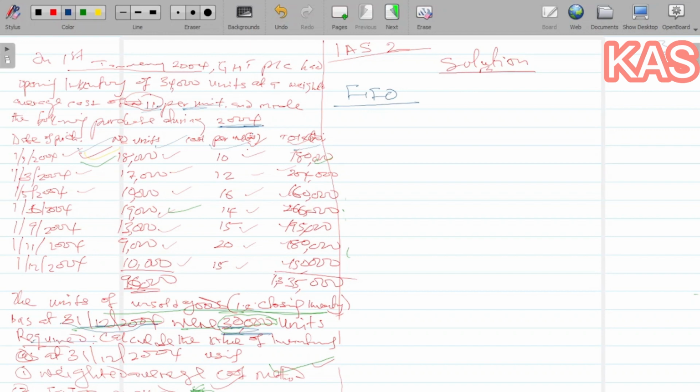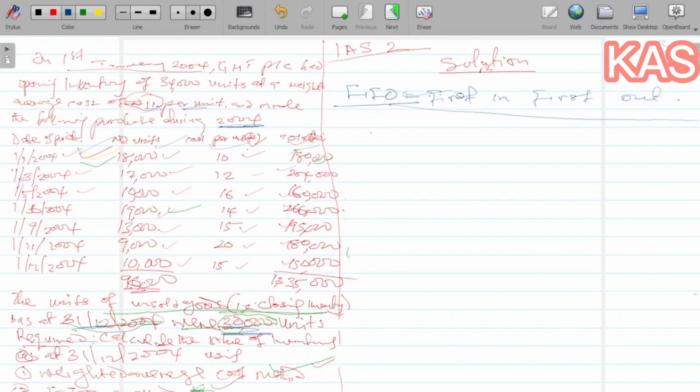Now we are going to look at the second part, which asks us to calculate the closing inventory using FIFO. FIFO means first in, first out.